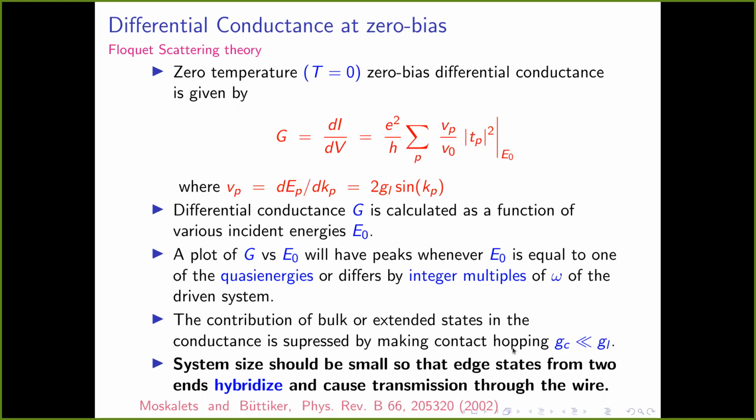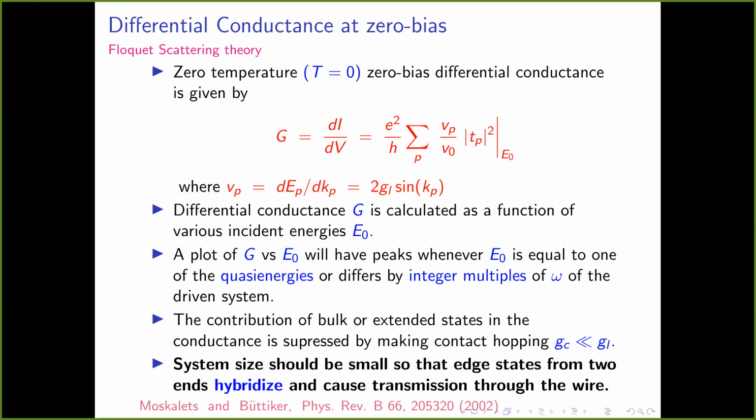So the differential conductance is defined as G equals dI/dV, and from Moskalets and Büttiker's result, which is in this paper, this is the formula for the differential conductance. So e squared is the electron charge, h is Planck's constant, and Vp is the velocity, which is dE_p/dk_p for the pth Floquet harmonic, and this mod Tp squared is calculated at the incident energy E naught.